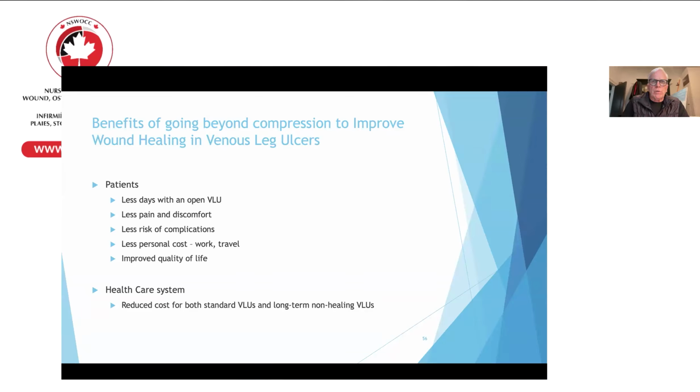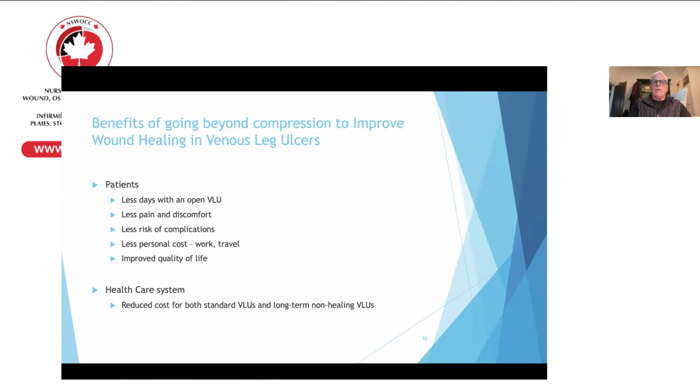But certainly when we can do something to improve calf muscle pump function continuously over 12 hours, what we find adding that to compression is patients have fewer days with an open wound, less pain and discomfort, less risk of complications, less personal cost, which haven't been factored into those cost analyses.